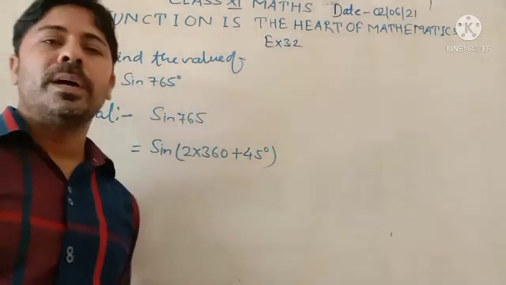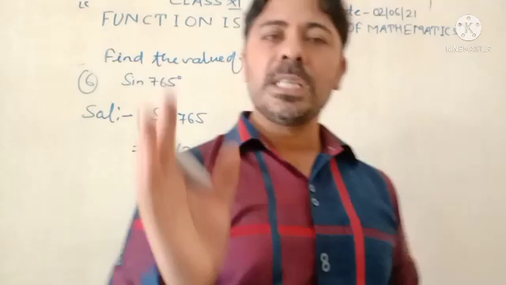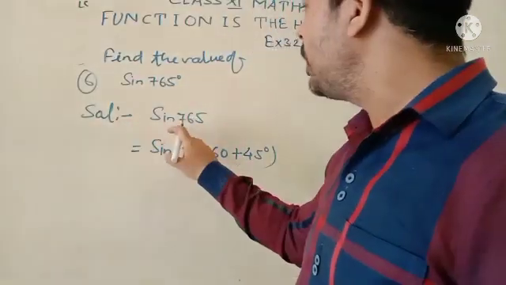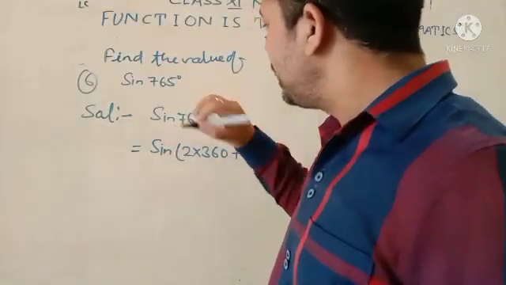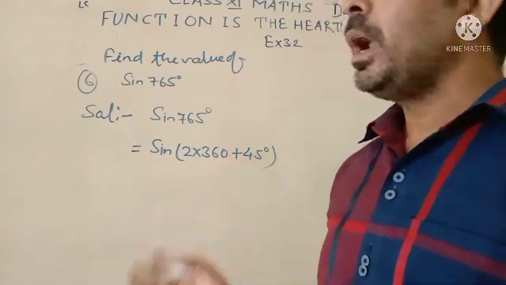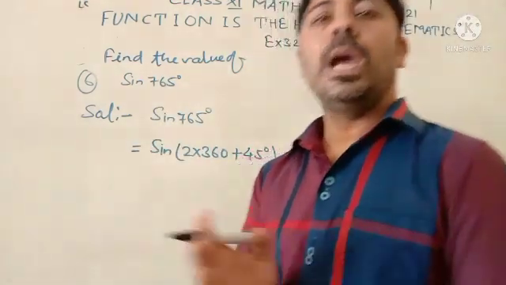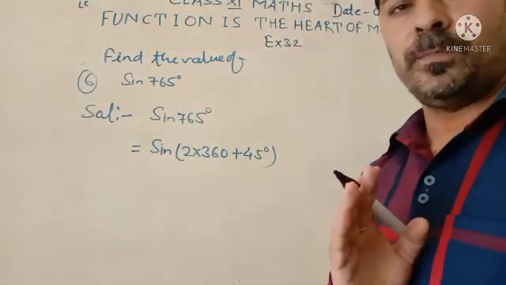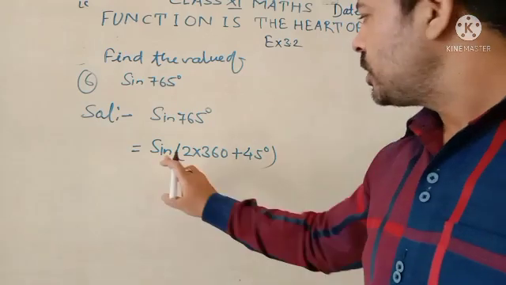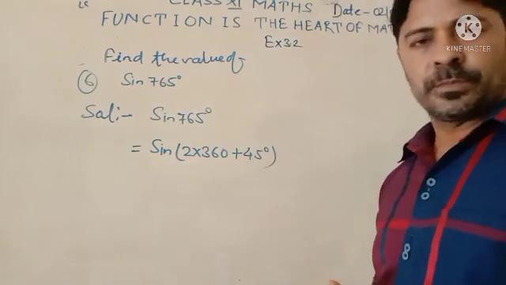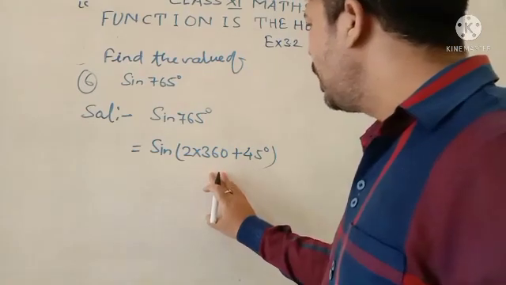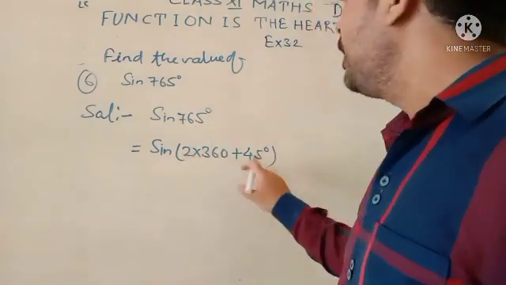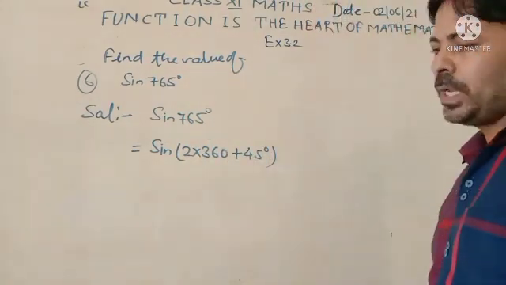Firstly, we need to convert it into this form. If there is a bigger angle given in degrees, then you have to convert it into a multiple of 180 or a multiple of 360.